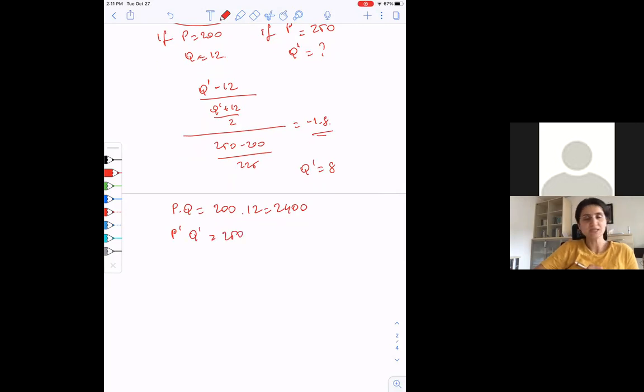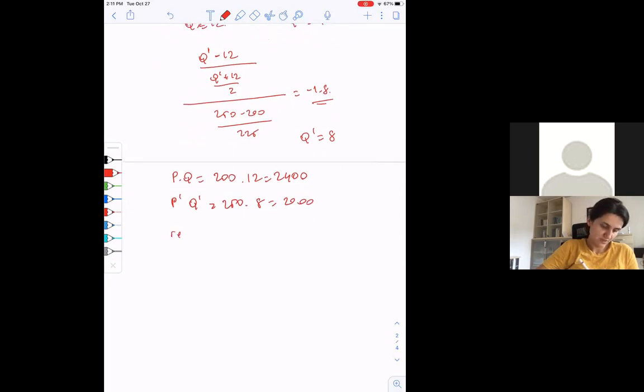There will be a decrease in the revenue, so we have 2000. Revenue falls as predicted.